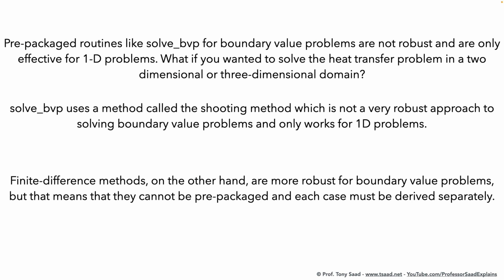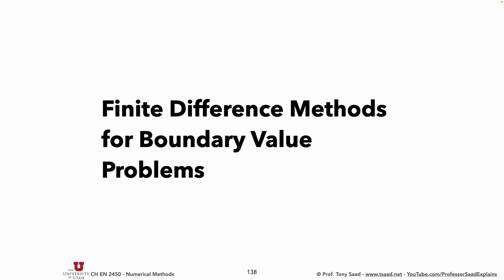It's a little bit more tedious, but it is very robust. It applies to any sort of new and different boundary value problem. There's a lot of details that go into that, okay? So they're more robust, but they cannot be prepackaged, and each case must therefore be derived separately. So for each problem, you have to re-derive the system of equations independently, separately, okay?